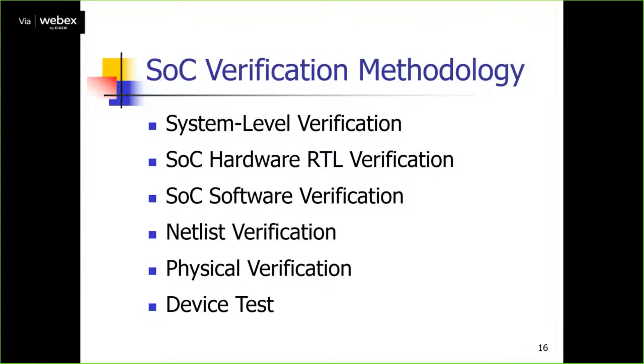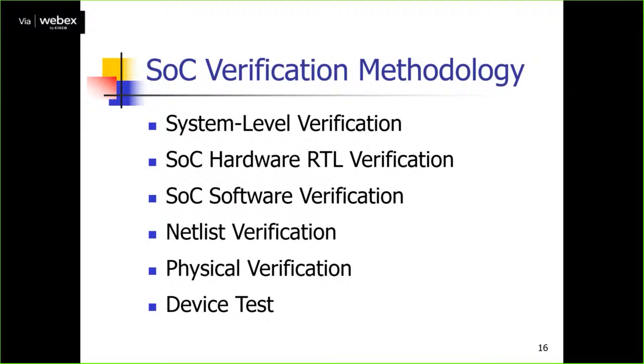The methodology used for SOC verification: we look for system level verification, SOC hardware RTL verification, software verification, netlist verification, physical verification, and a device test. That depends on how well you take care to do this.